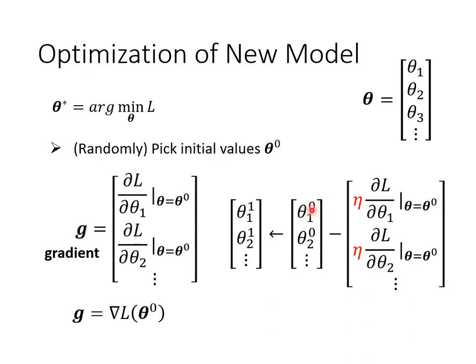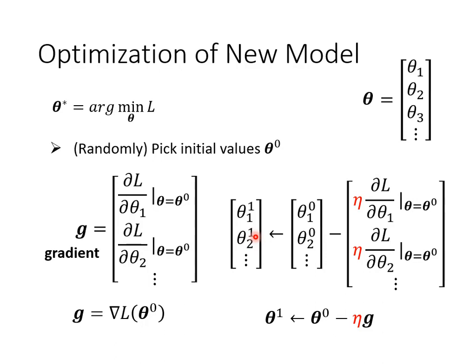Theta 1 0 minus the learning rate multiplied by the value of the derivative gives theta 1 1, which represents the result of theta 1 updated once. Theta 2 0 minus the learning rate multiplied by the value of the derivative is theta 2 1. And so on. Now you can update all the 1000 parameters.